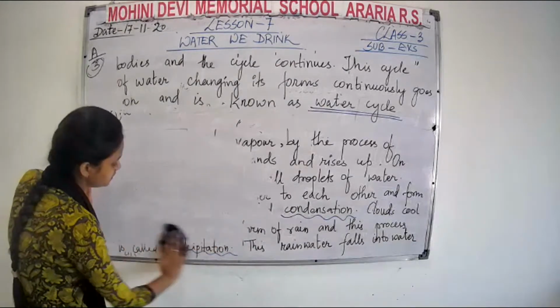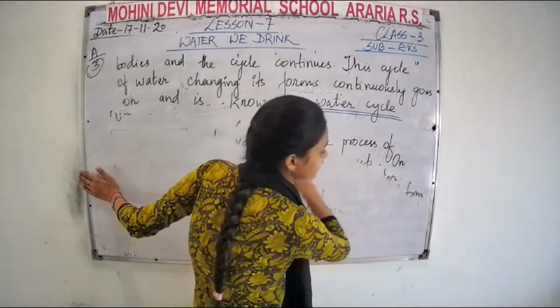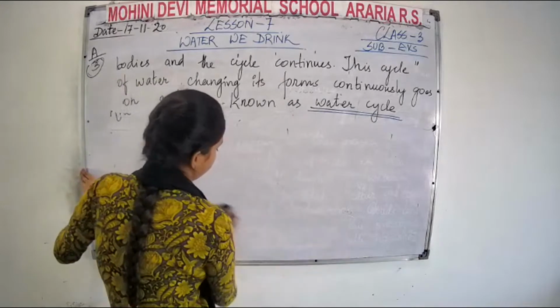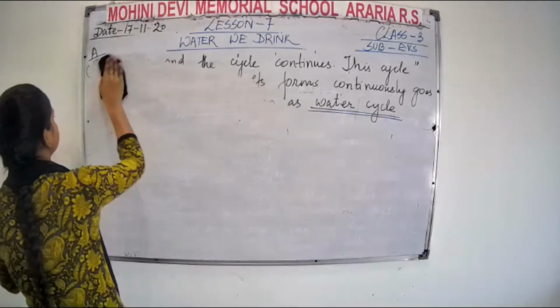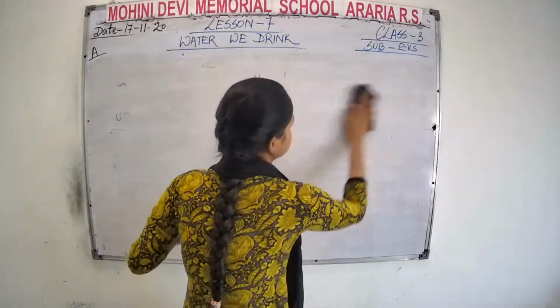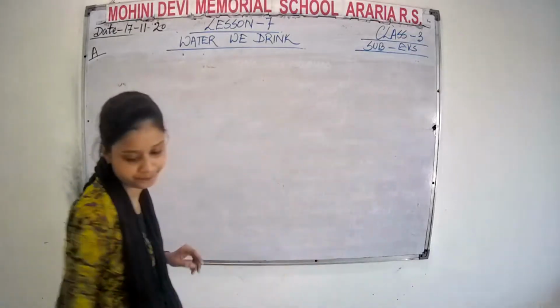With this answer you will have to make the diagram of the water cycle, which is very important. In higher classes also you will get this diagram, so please do it nicely.